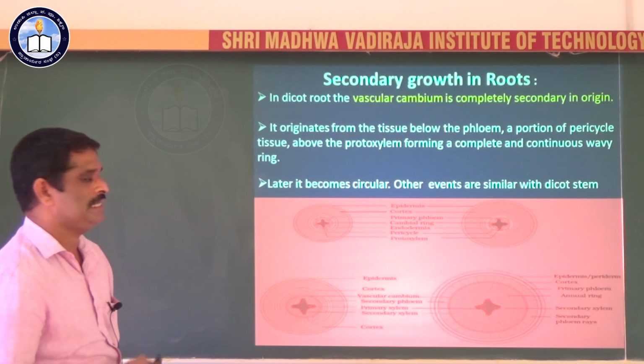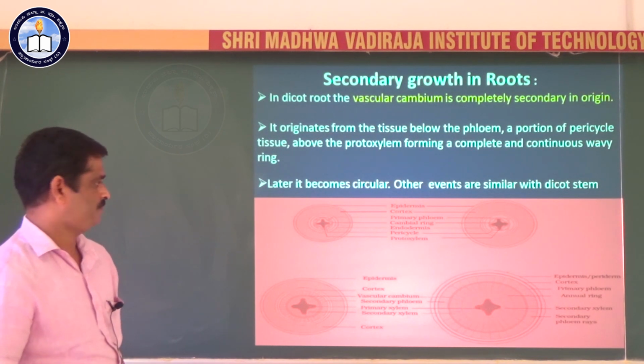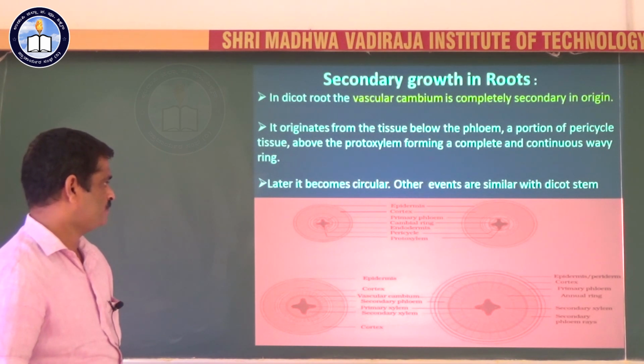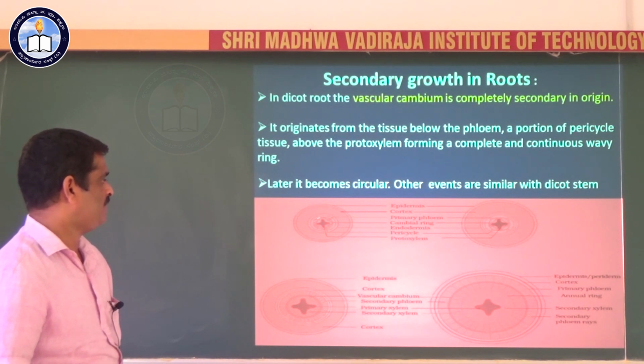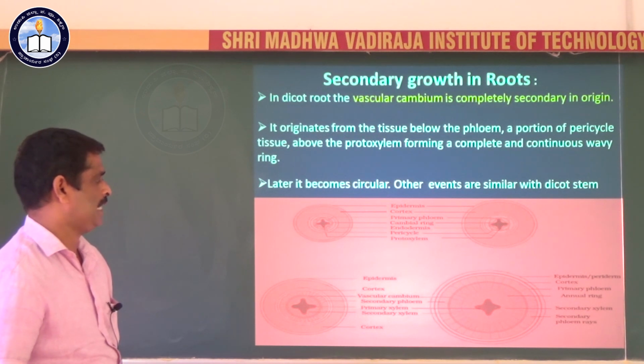The vascular cambium produced in the root is completely secondary in origin. The pericyclic cells below the phloem and above the protoxylem form a wavy continuous ring that is called the vascular cambium.